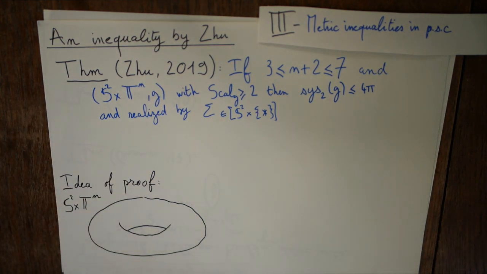Okay, so how can we go and prove such things? If you see the restriction here on the dimension, like this n plus 2 less than 7, that screams that we are going to use minimal surfaces.